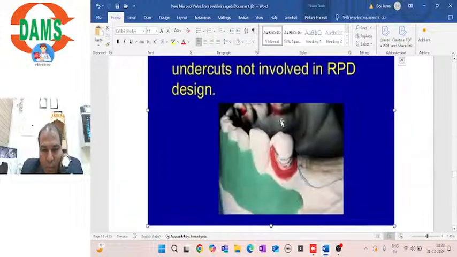You can see that. Okay, so this is a shaped blockout, the red one, and the green one is where you just arbitrarily block. Why? Because this is not involved in the design, so this is known as arbitrary. The green will be called arbitrary, the red will be called shaped or ledge blockout.